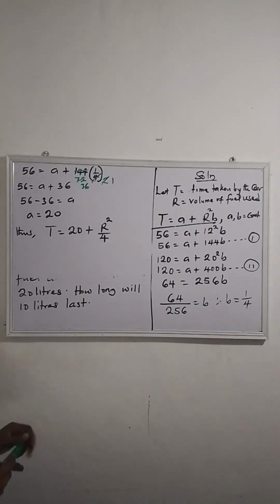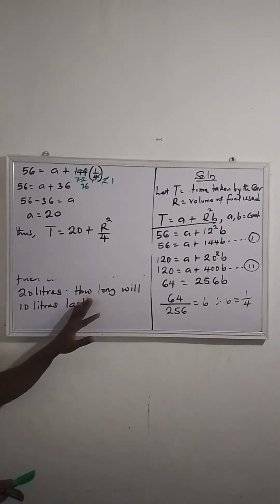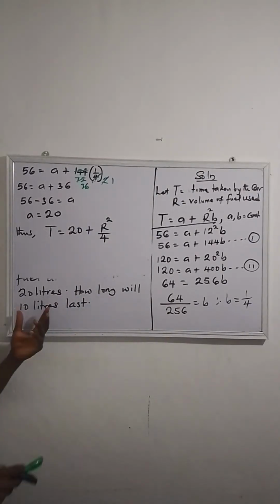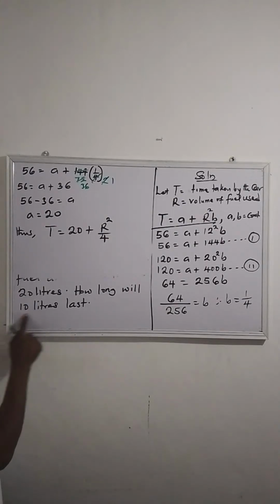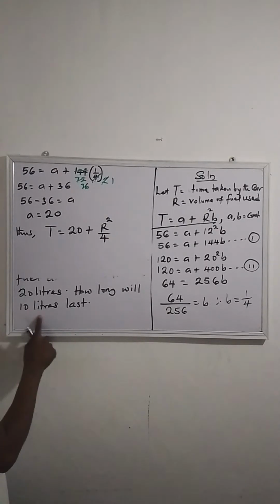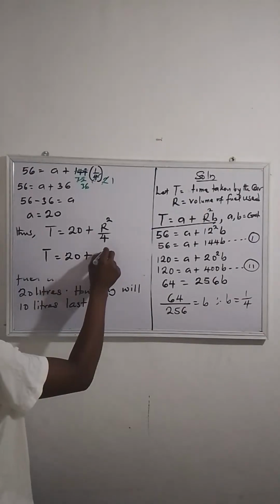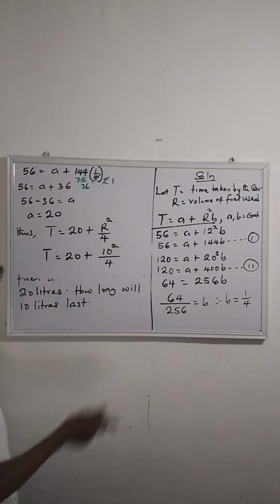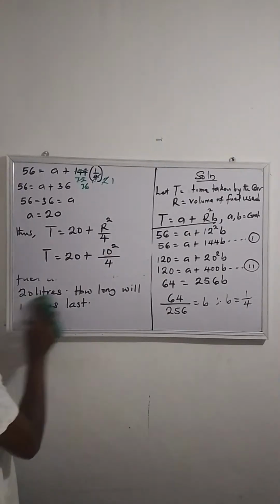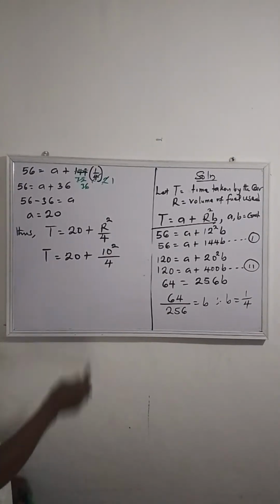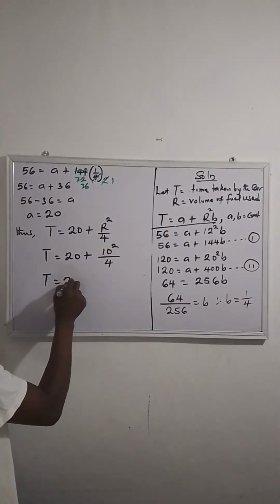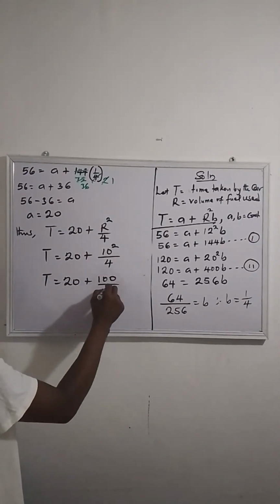Now the question wants us to find the time that the car will use to consume 10 liters of fuel. How do we do that? Let us plug in this value. This one is r. So we have t equals 20 plus 10 squared over 4, which is 20 plus 100/4.